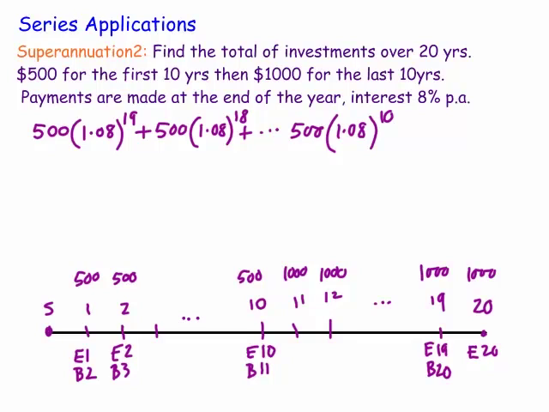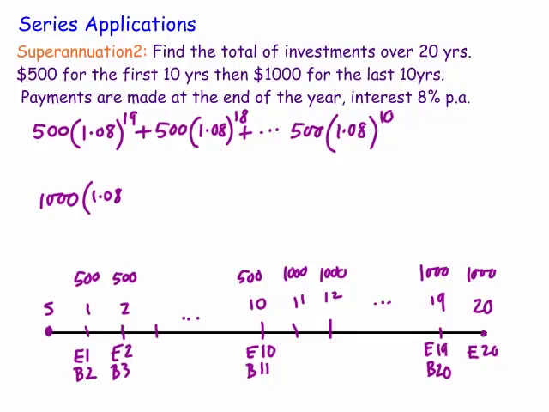Then the $1,000 starts to kick in. Let's leave a space and do these additions. From the 11th to the 20th year, the first $1,000 would be 1,000 times 1.08 to the power 9.